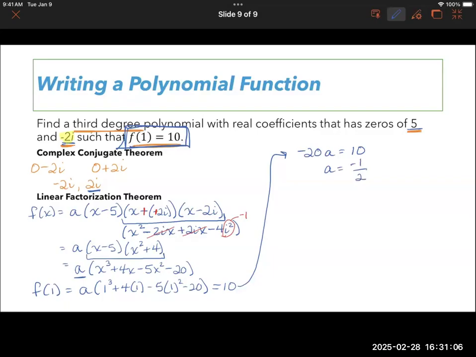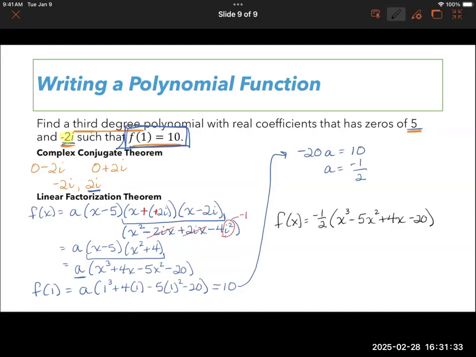So now I can put my final answer together. F of x equals negative 1/2 times, and then I'm going to write my polynomial with descending exponents. So I'll have my x cubed first, minus the 5x squared, plus 4x, minus 20.